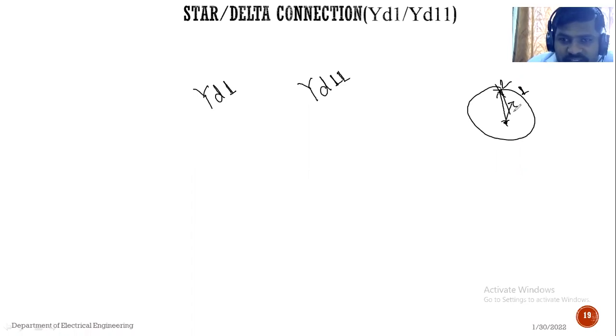This represents the LV winding, or secondary winding, and this represents the HV winding, or primary winding. So this LV can lag behind the HV by an angle of 30 degrees. That means it is represented by 1.